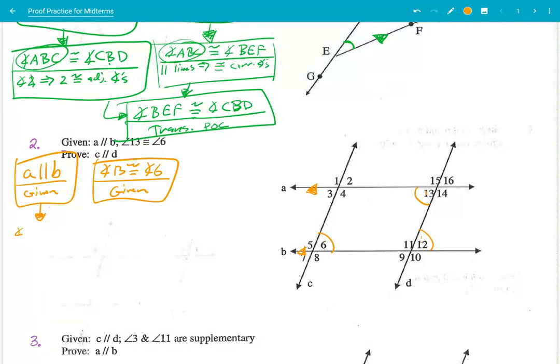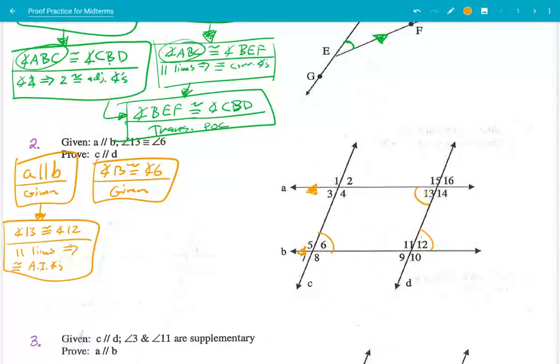So we can say that angle 13 is congruent to angle 12 because parallel lines imply congruent alternate interior angles.